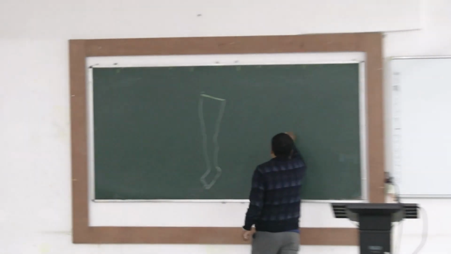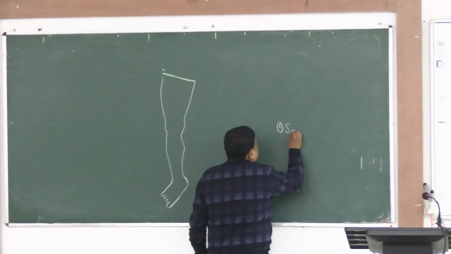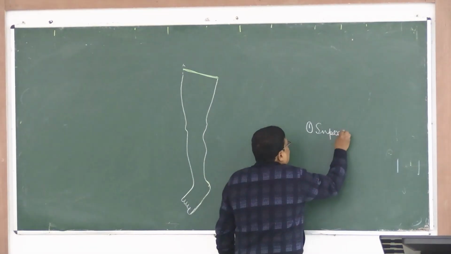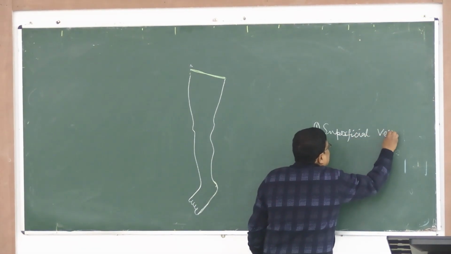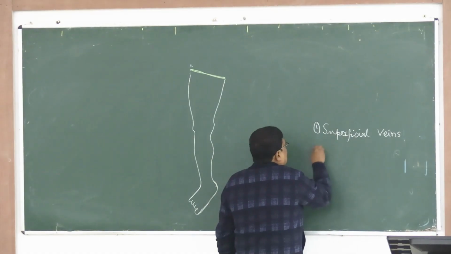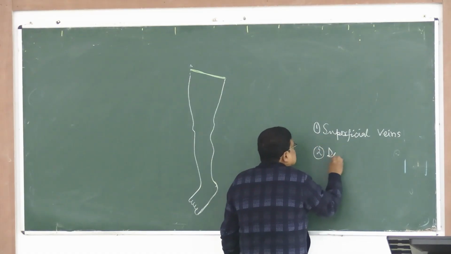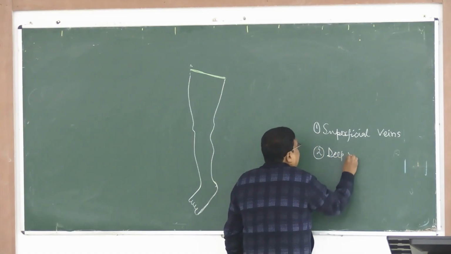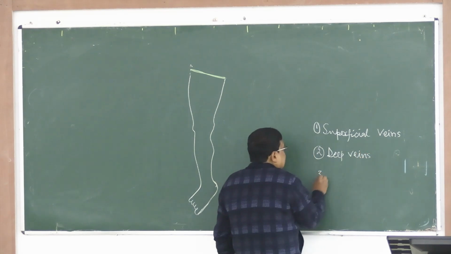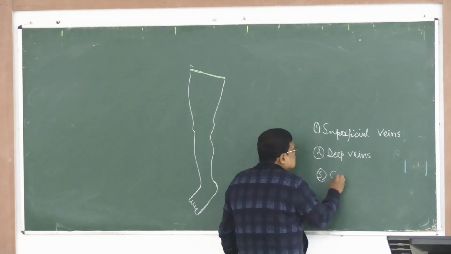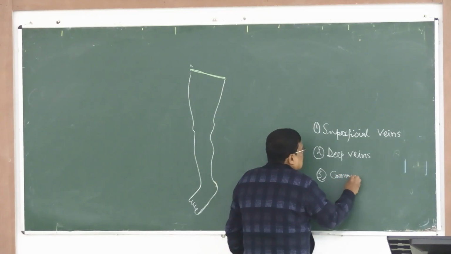Number one, superficial veins of the inferior extremity. Number two, deep veins of the inferior extremity. Number three, communicating veins or perforators.